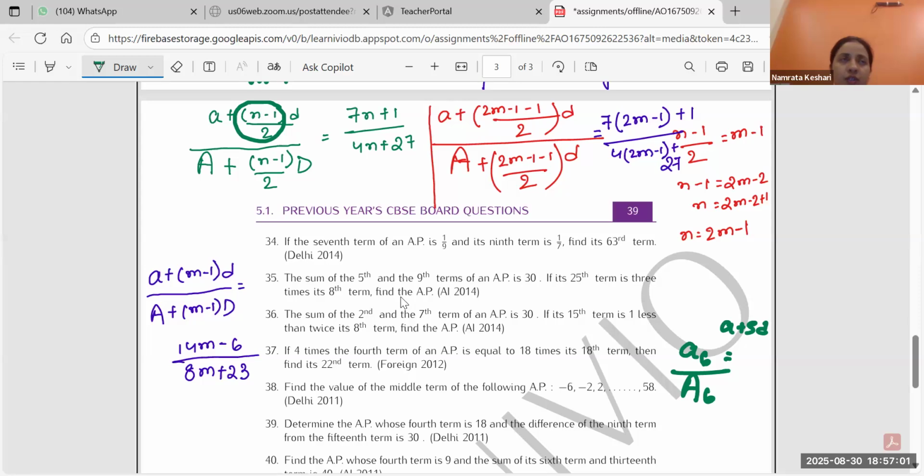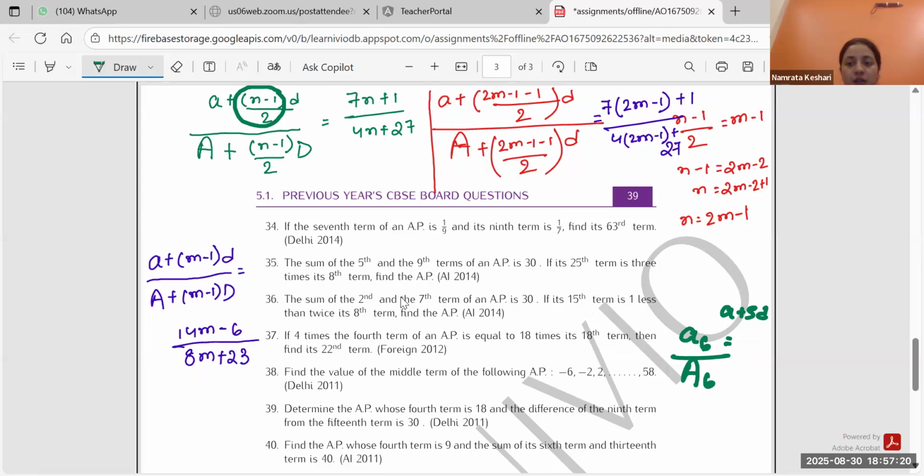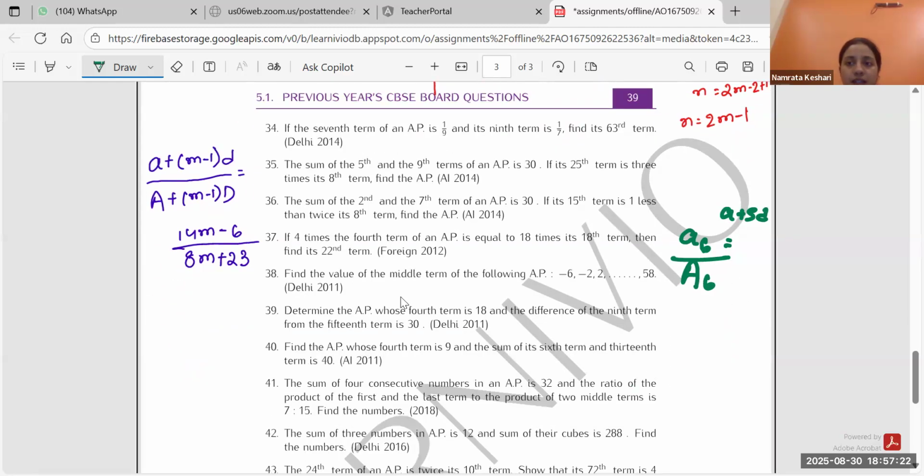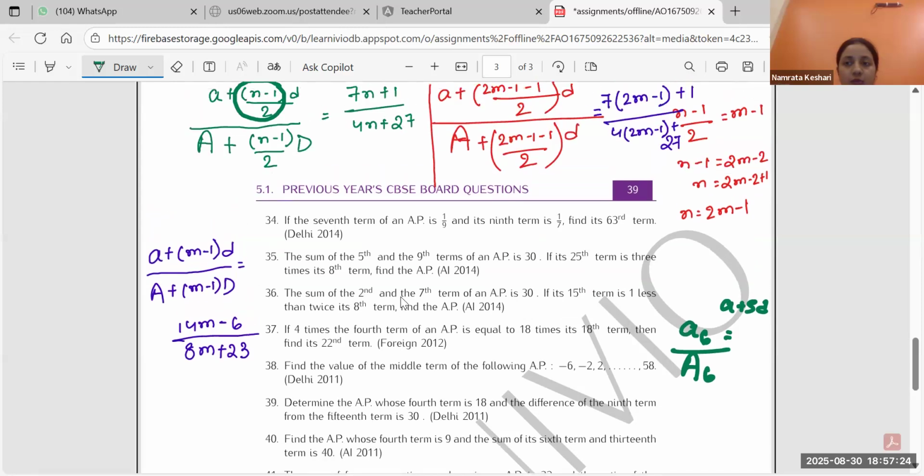We will be thinking what can we take at the place of n. Is it 10 or 12 or 5 or 6? Which value can we take for n, so that we'll be able to create the structure of the formula, at least, that is a plus 5d. If you keep on guessing and thinking, it will take too much time.